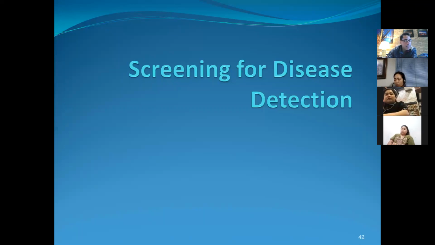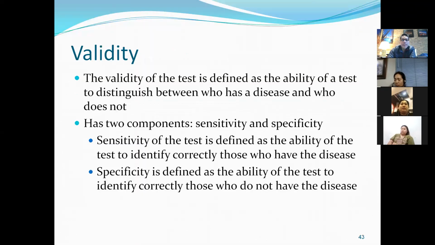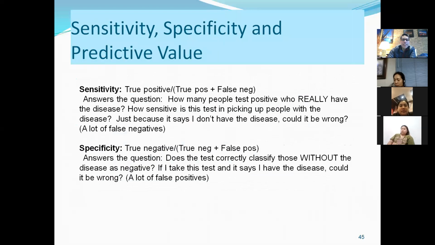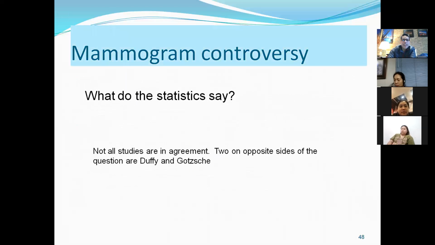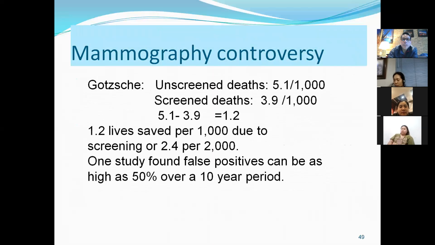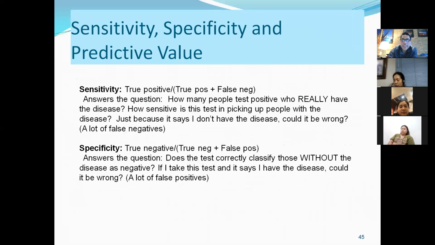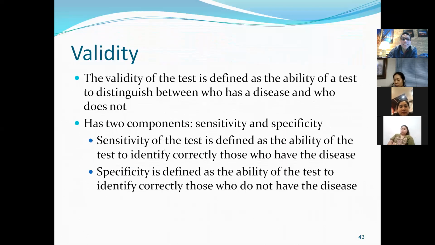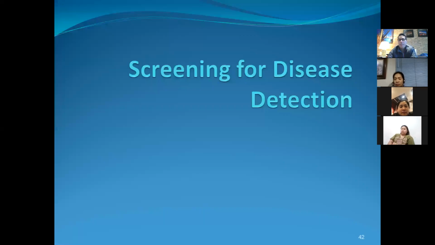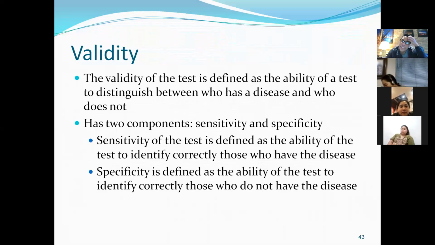I will leave that there. It's already 9 o'clock my time, so we have used almost 2 hours. The next slides are just 2 more. I will not discuss the controversy of mammography, but I will discuss screening for disease detection, which is validity and sensitivity, and that's the end of our 2-hour session.